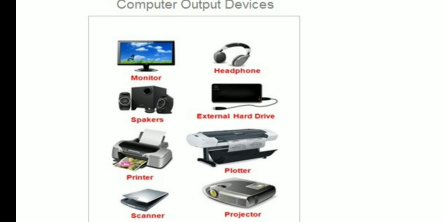Impact printers are otherwise called character printers, the same as the typewriting machine. Some examples are dot matrix printer, daisy wheel printer, drum printer. Non-impact printers, in the sense they are high quality printers used nowadays by all the organizations, and some examples are inkjet printers and laser printers.